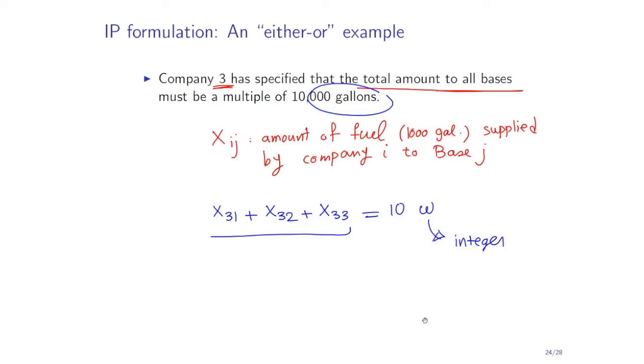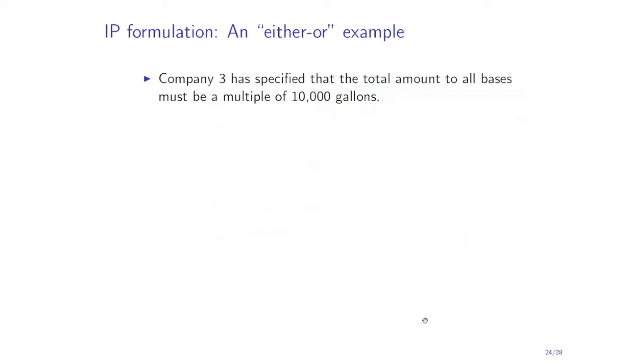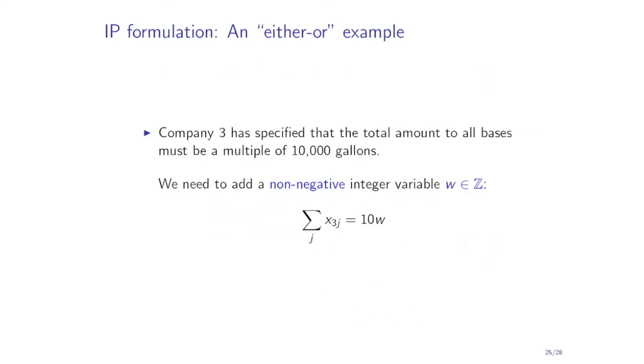And of course that it is integer and non-negative. Let's have a look at the last condition. Oh, this is the solution. Okay, so this is exactly what we had. So you expand it, you get x31 plus x32 plus x33 equal to 10 times an integer value W.